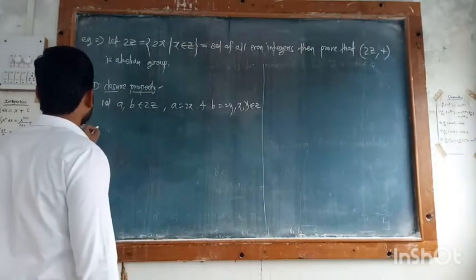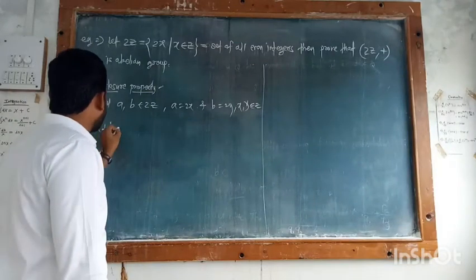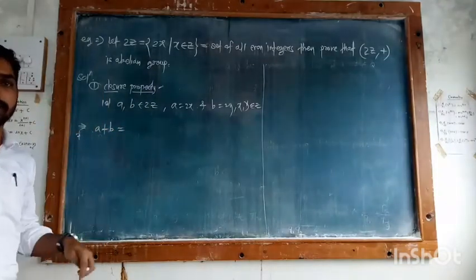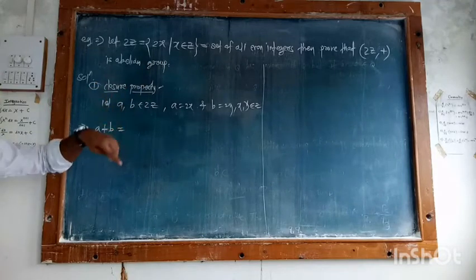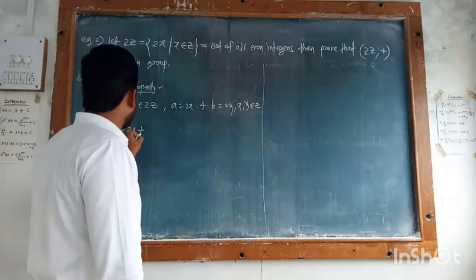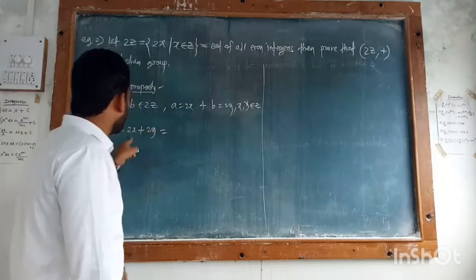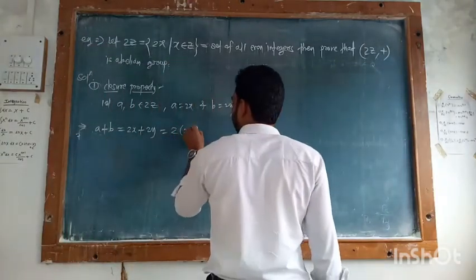Then your binary operation is addition. We are going to check whether A plus B is a member of 2Z or not. We have to show that A plus B belongs to 2Z. So what is your A? A is 2x. What is your B? That is 2y. So take 2 common outside, so that 2 times x plus y.